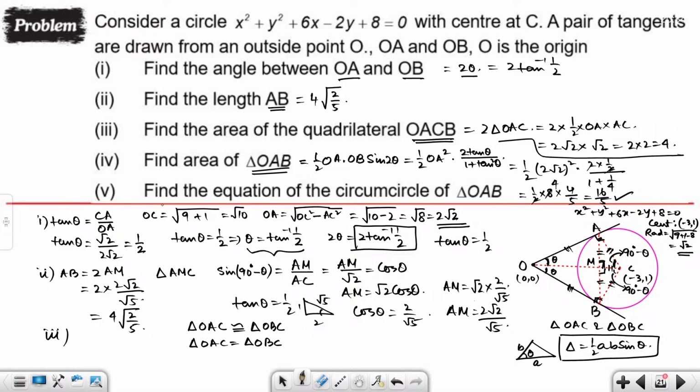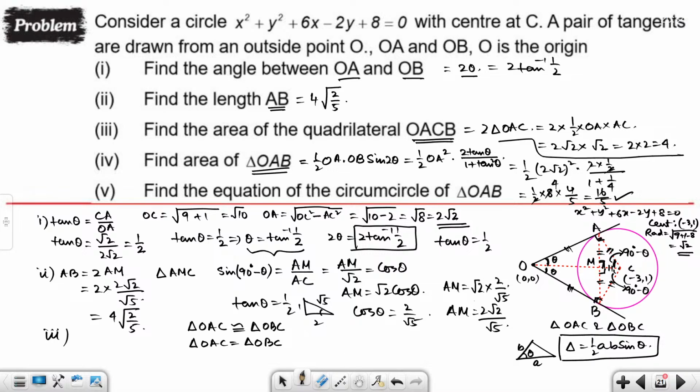Now, the last question is to find the equation of the circumcircle of OAB. As I told you, if you draw a circle through OAB, it is going to pass through C. So OC will be the diameter of that circle.